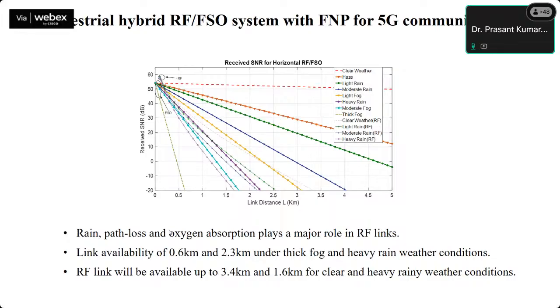If it is thick fog, it is 0.6 kilometer. If it is heavy rain, the link can be achieved up to 2.3 kilometers. So it is the fog that affects more compared to the rain here. And this RF link will be available up to 3.4 kilometers and 1.6 kilometers for clear and heavy rain weather conditions.